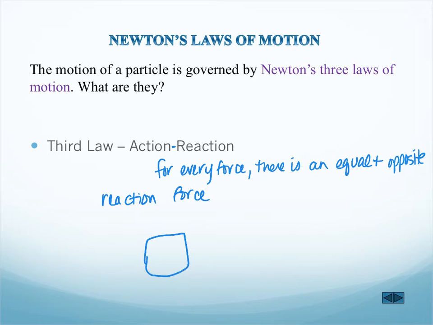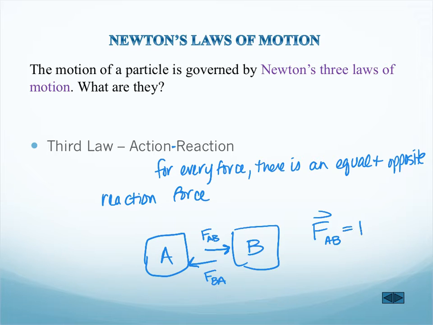And so maybe if we have objects A and B, we could say there's a force that A exerts on B, but in response, there's a force that B exerts on A, and the law of action-reaction says that these two forces are equal in magnitude, but opposite in direction, and that's where that negative sign comes from. And so that's something that we learned about as well.